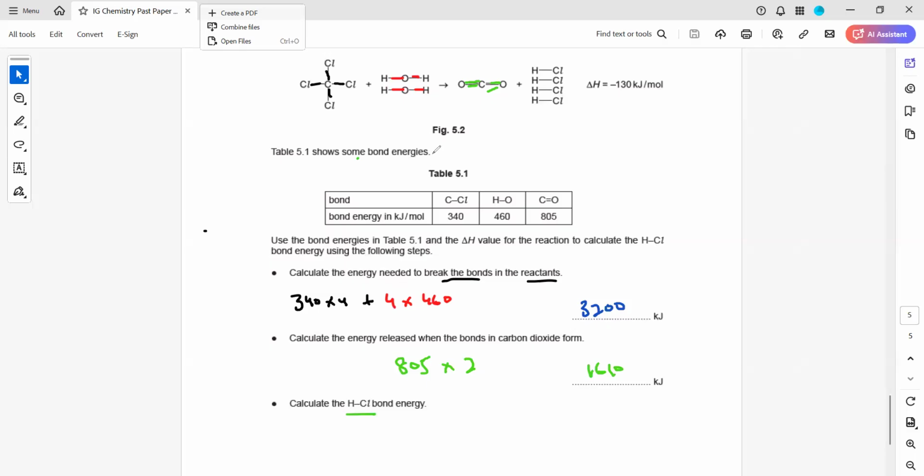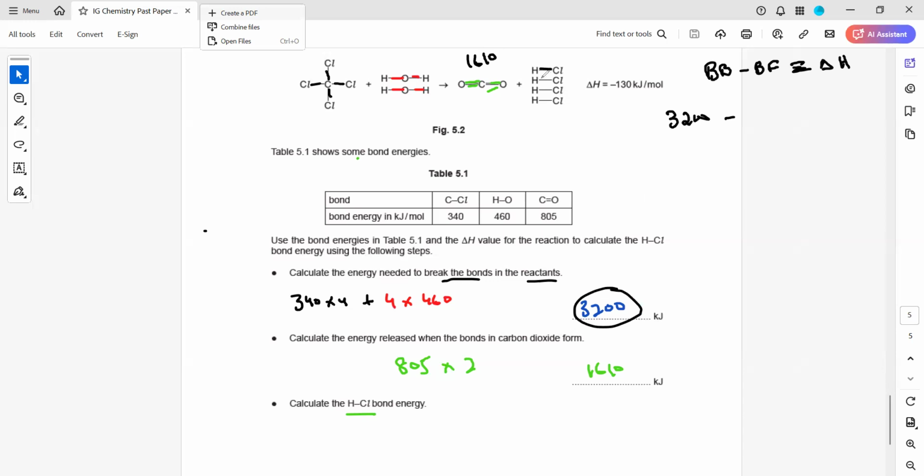We'll use a formula: the bond breaking energy minus the bond forming energy is equal to the energy change. The bond breaking energy is this value, so you write 3,200, minus the bond forming energy. The total for carbon dioxide is 1610. What about HCl?